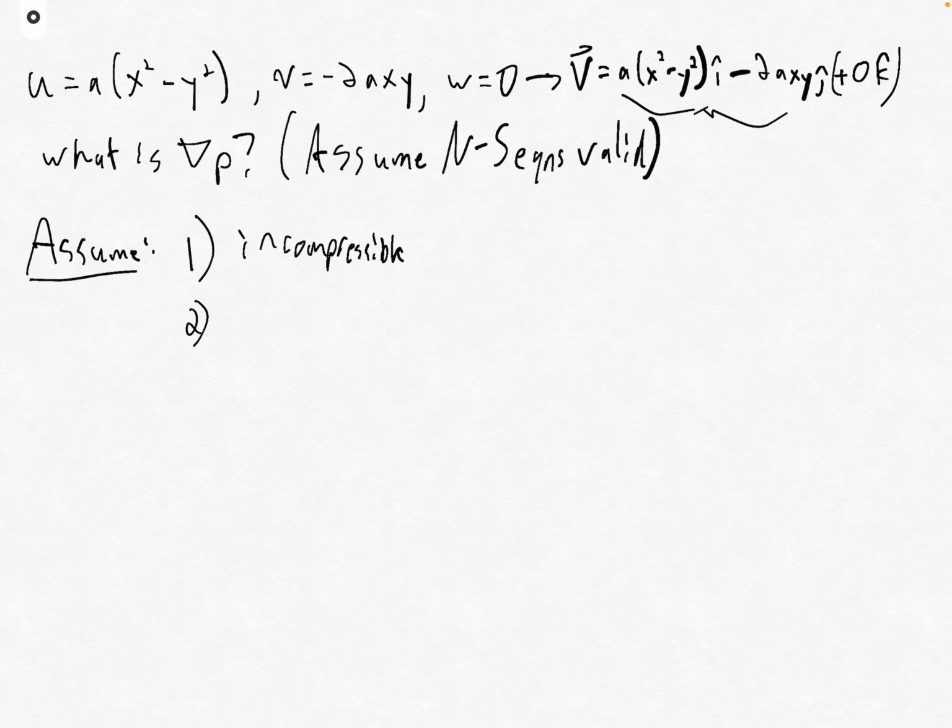Second, by applying the Navier-Stokes equations, we're also assuming that we have a Newtonian fluid, meaning that the viscous stress is proportional to the shear rate within the fluid. So then, with those assumptions, we can write out our Navier-Stokes equations, which will give us the components of this grad P.